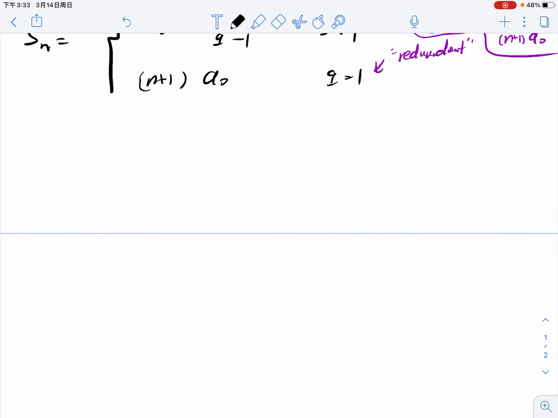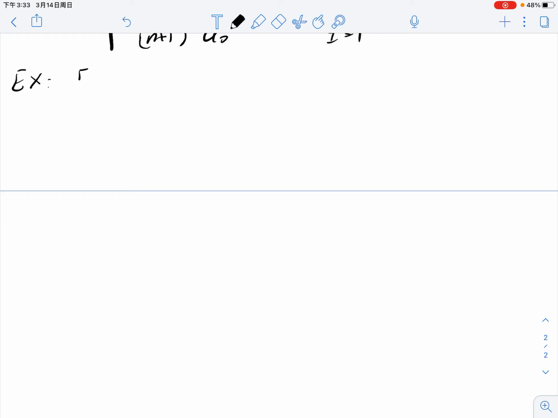Okay, no big difference between them. So for these two kinds of sequences, we have well-known results regarding question 1 and question 1 prime.